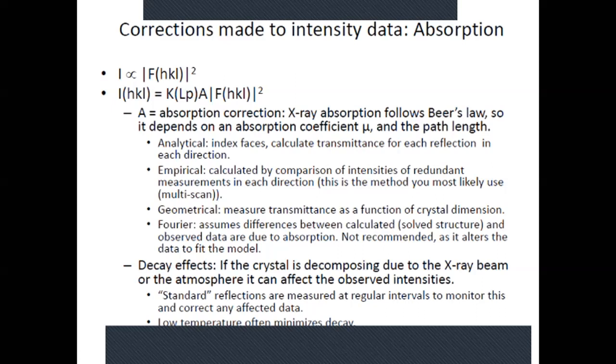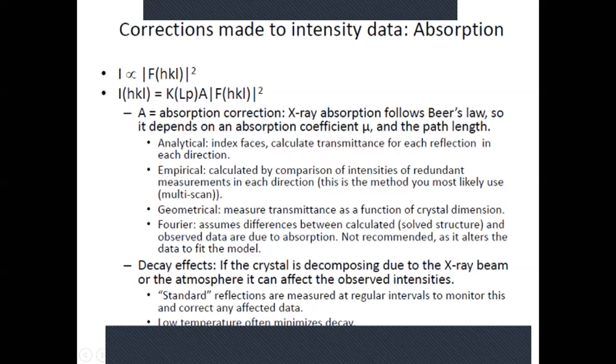So you have to account for the absorption correction. And so typically what we use for copper, and I can show you this when we look at the software, is what's called phase indexing. And we have different methods that we can use to help account for this absorption.